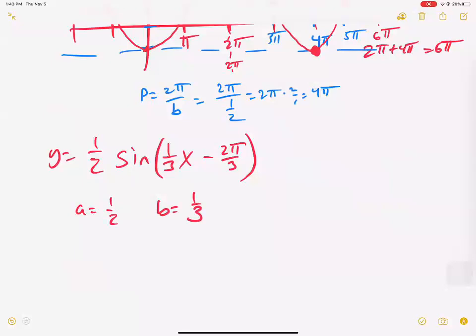B is 1/3. C, I do have a parentheses, and it's going to be 2 pi over 3. Right? So I'm just copying it. I'm not overthinking it. I'm just kidding. Please make sure you do think about what you're doing. And my D value is no D.